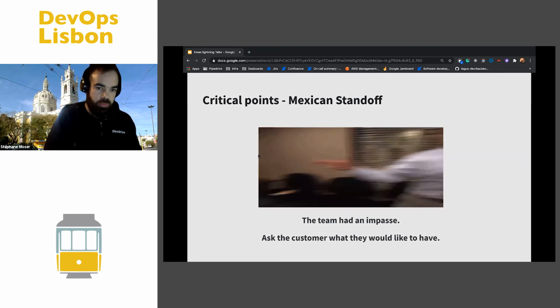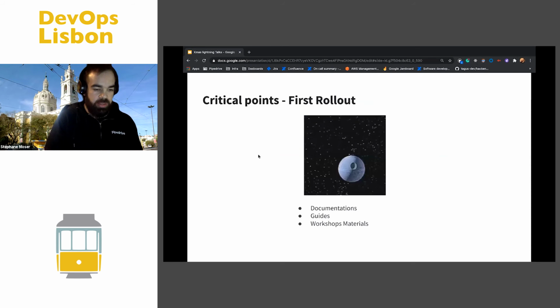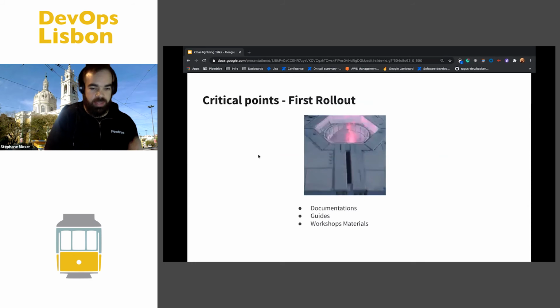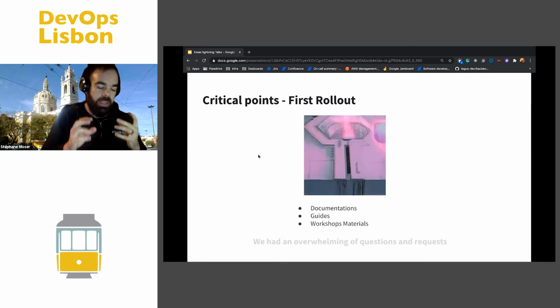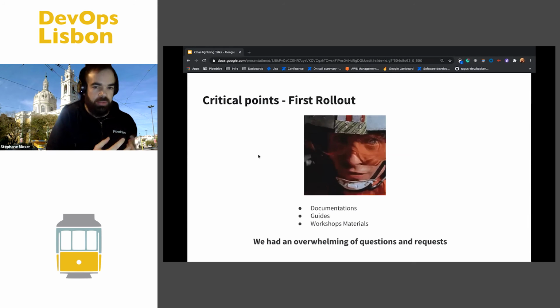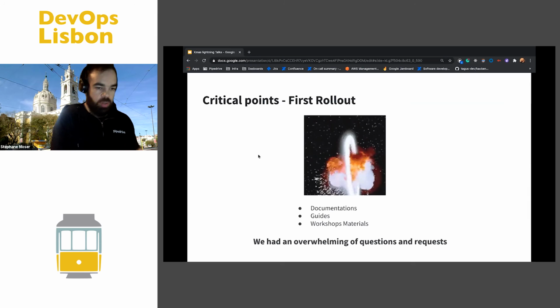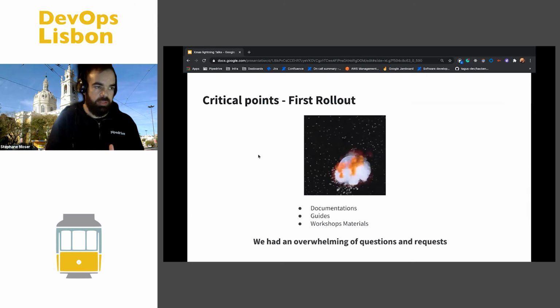Then the other problem we had was this: after our own dogfooding, after we prepared a lot, we thought that we were ready for the first team. But they came with a lot of questions because they had a different use case. They started finding strange bugs, and then it was really a rush in our team to evolve the product, the code, the documentation, the guides.